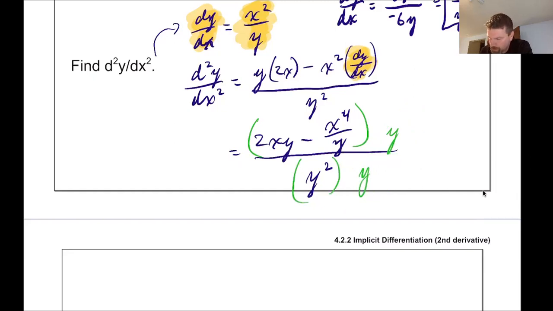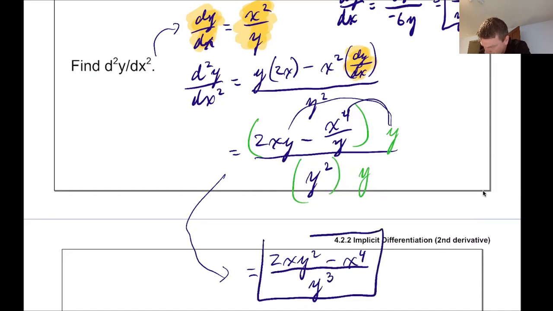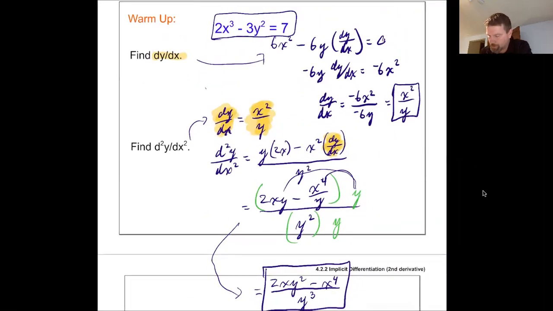When I multiply the numerator by y, we'll end up with 2xy squared, minus x to the fourth, all over y squared times y, it's y to the third. There's my final answer.